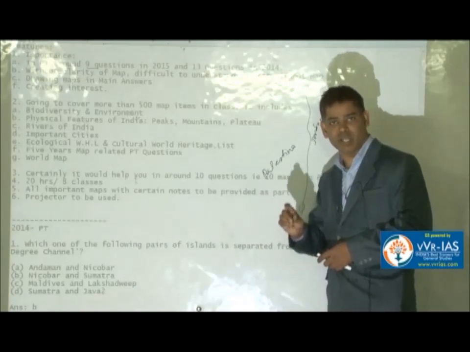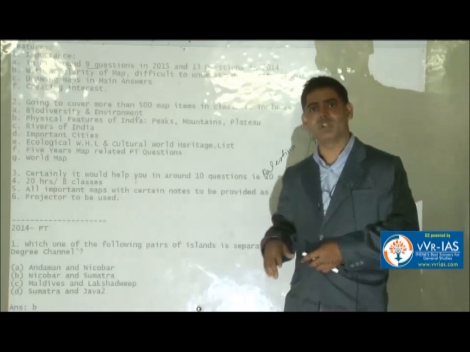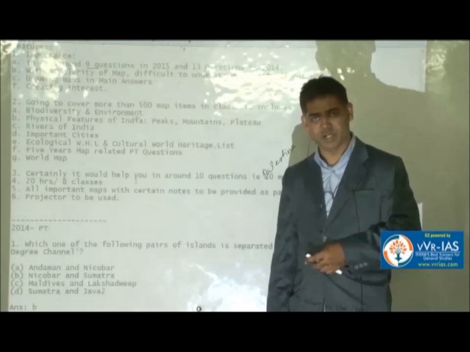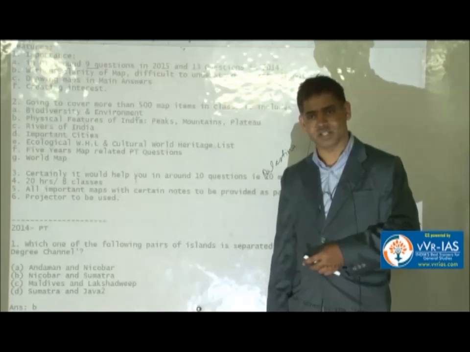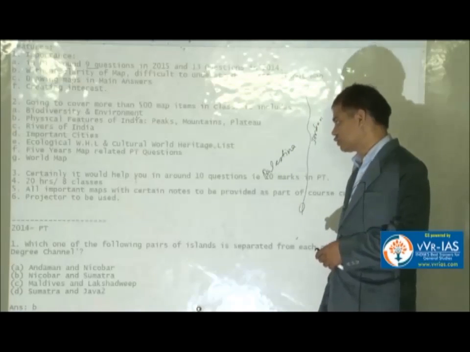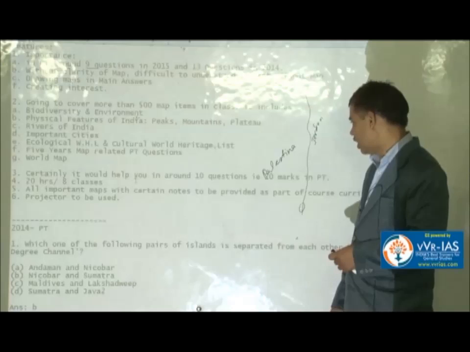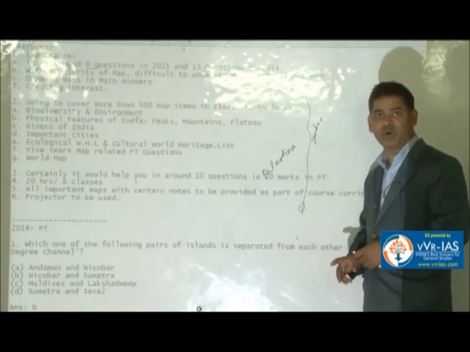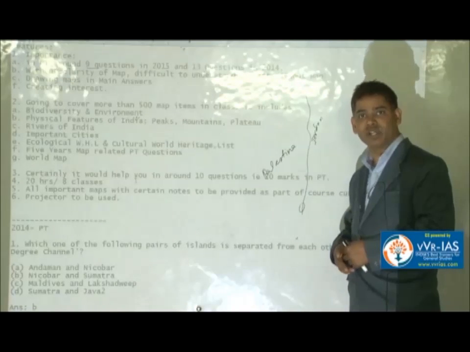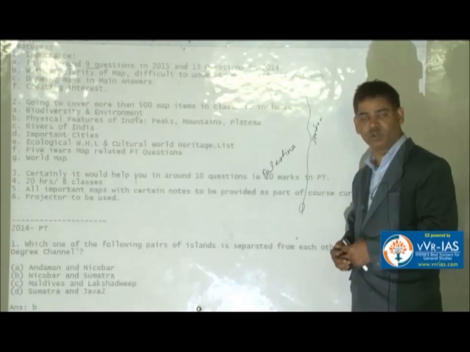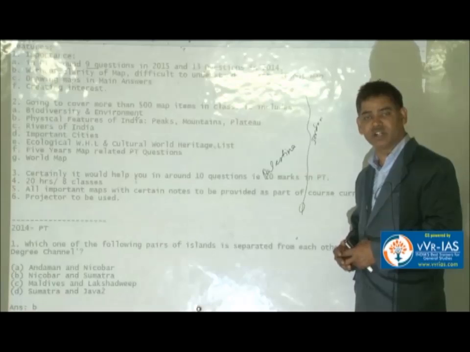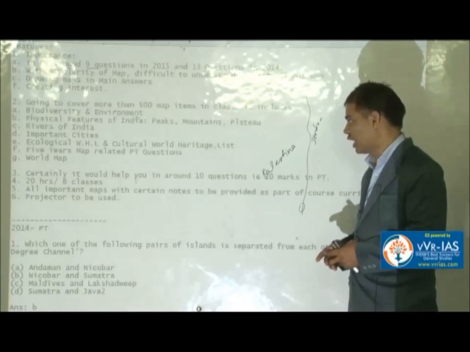So you will be getting a booklet with all important maps related to national and international places and the natural maps, and particular notes would also be provided to you. The 75 national parks, I told you we are going to discuss in a very comprehensive manner. The details of the different national parks we are going to provide you.